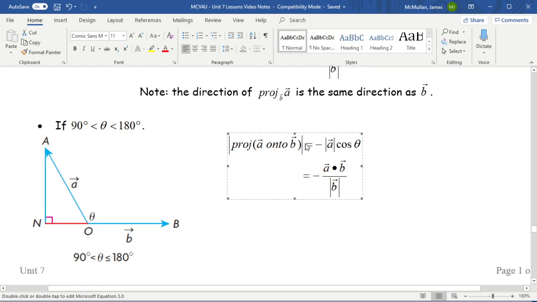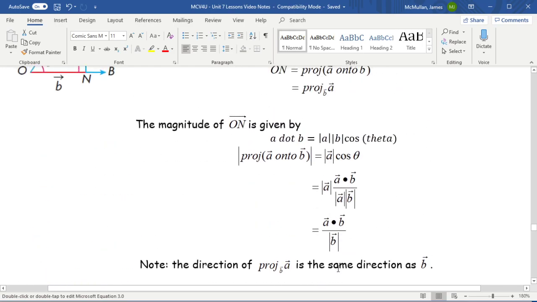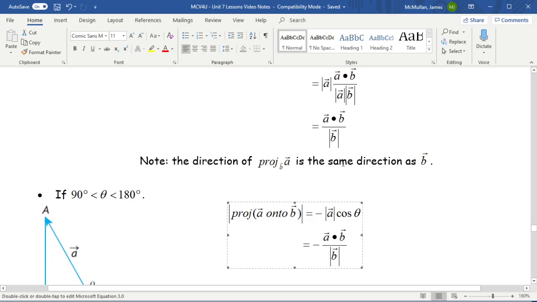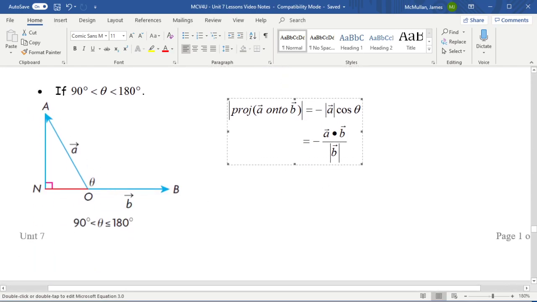I don't think I would bother remembering that. I would just remember that the projection formula is the same, whether the angle is bigger or smaller than 90. And I would just remember that if my final answer is negative, what negative means is that it's pointing in the opposite direction of vector B. So this is a good picture.